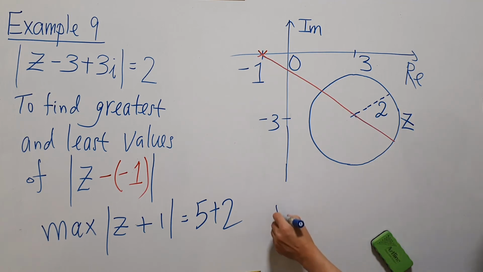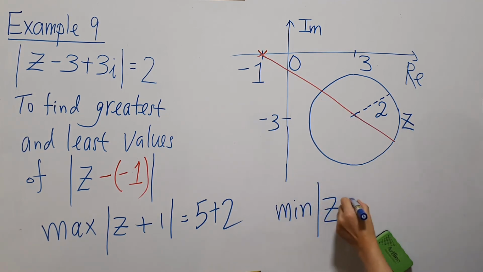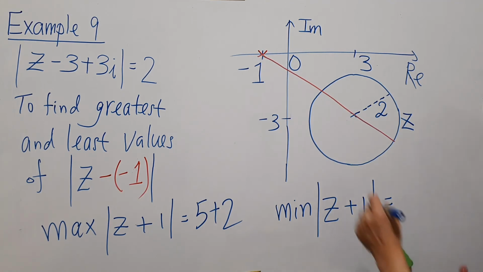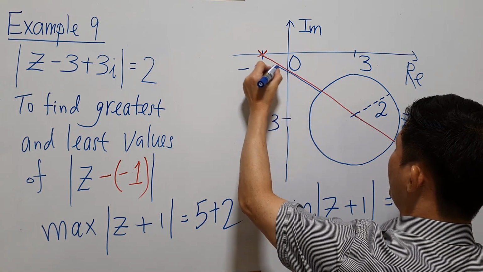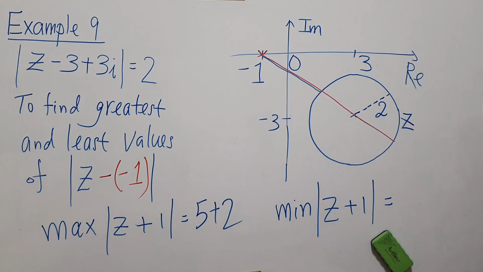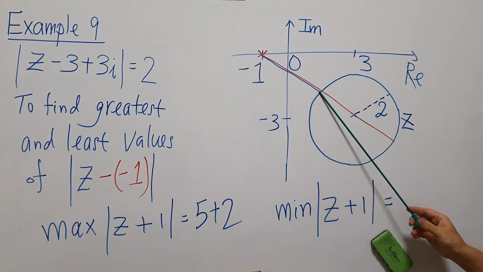And then you are also asked to find the minimum distance from -1 to z. Given the point and the circle, you want to know that the minimum distance is actually attained here, this blue line from the point in question to this point on the circumference.